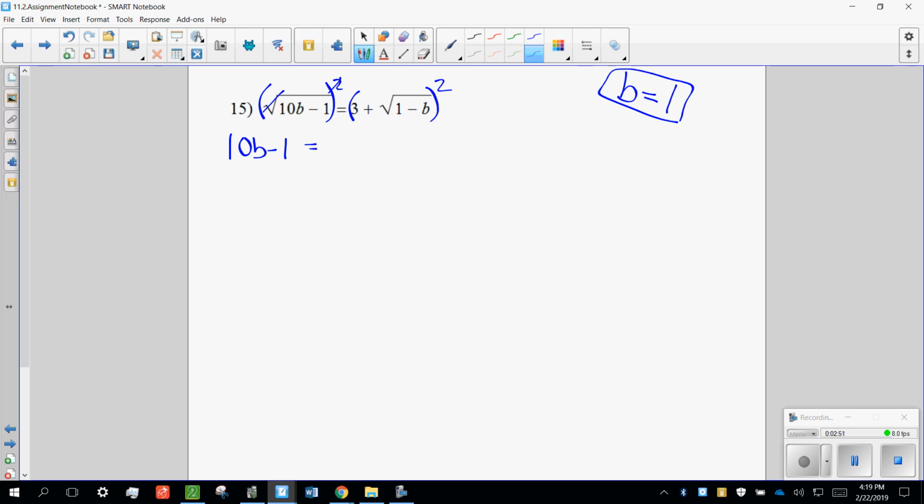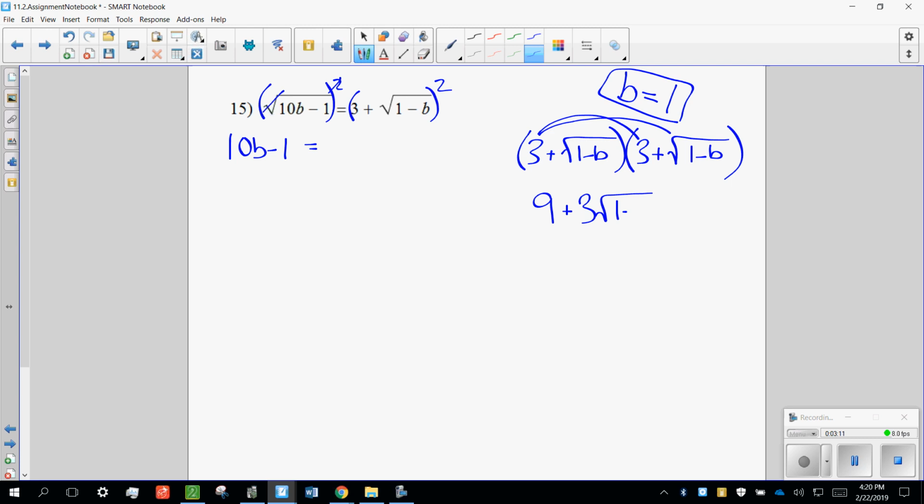Well, that would be 3 plus the square root of 1 minus b times 3 plus the square root of 1 minus b. If we multiply that out, we have 3 times 3, it's 9. 3 times the square root of 1 minus b. And then we also have to multiply this by 3 as well.